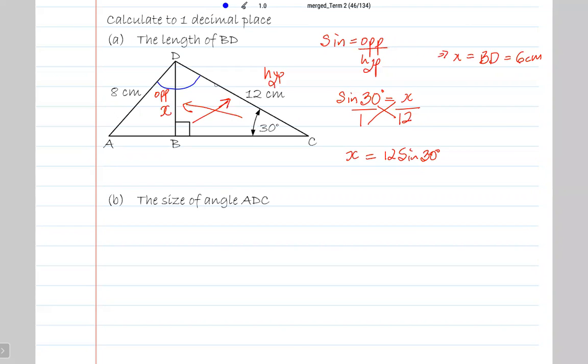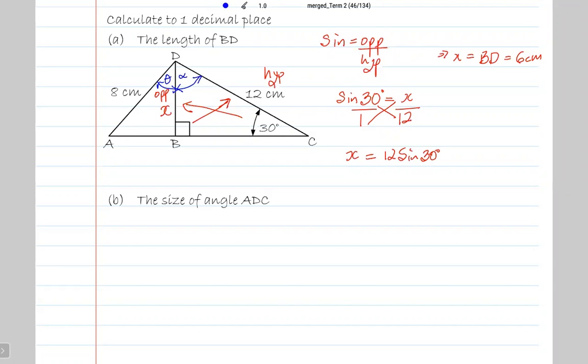Angle ADC. Now, trig ratio will not help you to find that directly. The only way the tools you have can help you is if you divide this into two angles. So this is angle theta and this is angle alpha.